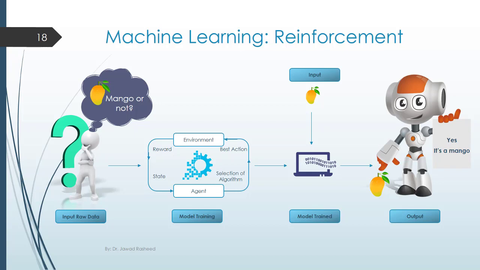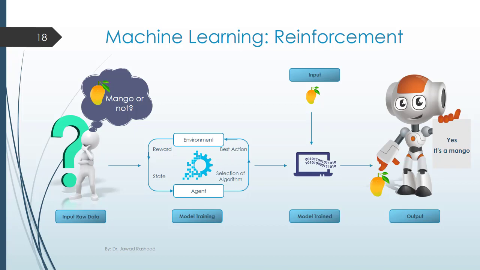Obviously, when the agent gets a reward, it means he made the correct decision and he is going in the right direction, so the training is right. If there is a penalty, then obviously it thinks again, I made a mistake, I am penalized, so I have to correct myself. In this way it learns.